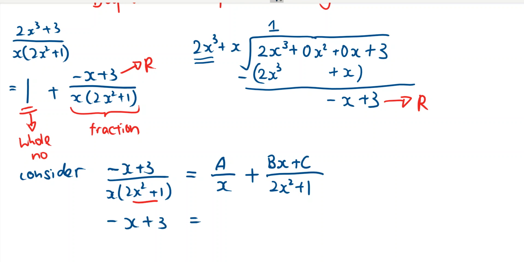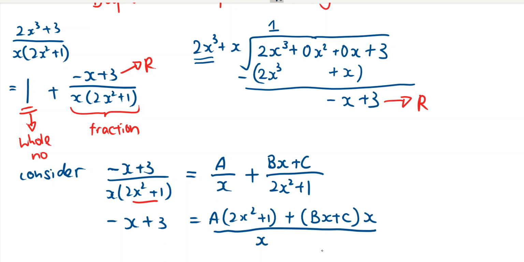Now we compare their numerators: a bracket 2x squared plus 1 plus bracket bx plus c bracket x. How do we get this? Because we want to make their denominators the same, over x bracket 2x squared plus 1.